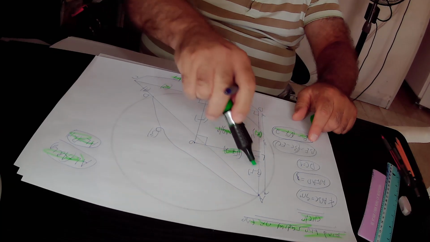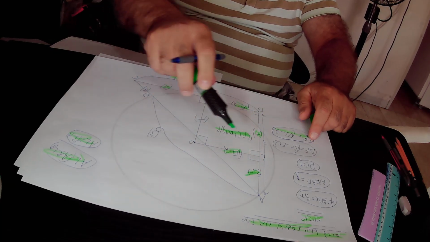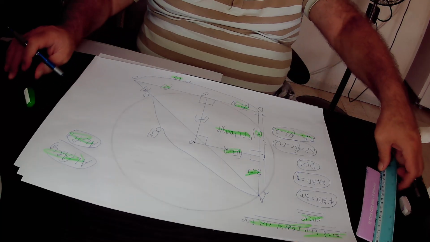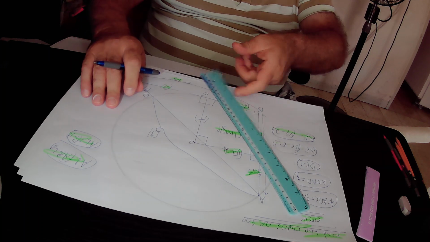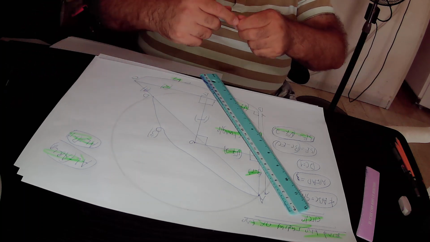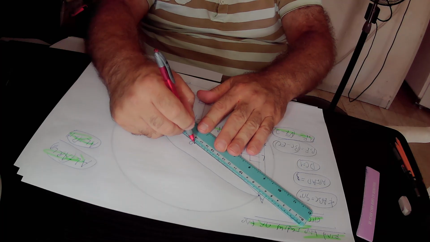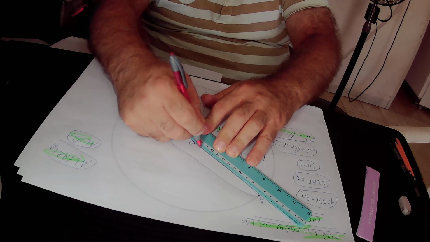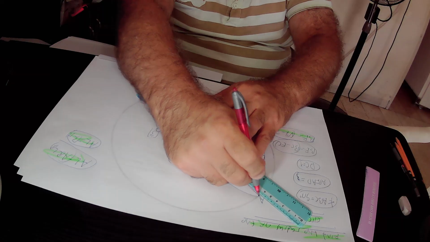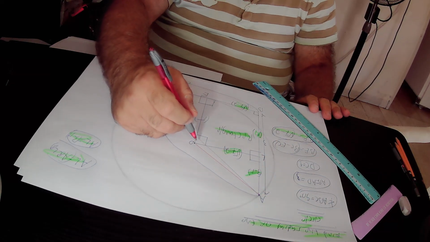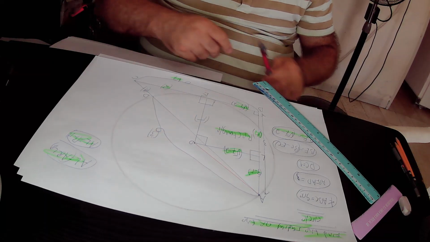In the next step, we will join points O and A together by a segment. Point O is the center of the circle, point A is a point on the circle itself, therefore OA is the radius of this circle.